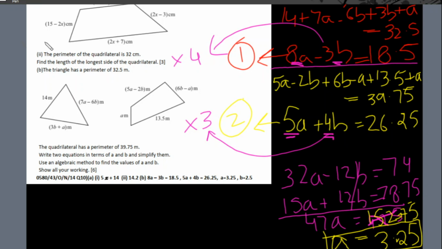Then I'll do 75 minus 104, I get minus 30. So minus 12b equals minus 30, and b equals, minus and minus will cancel out, 30 divided by 12 is 2.5, which is the answer for b.